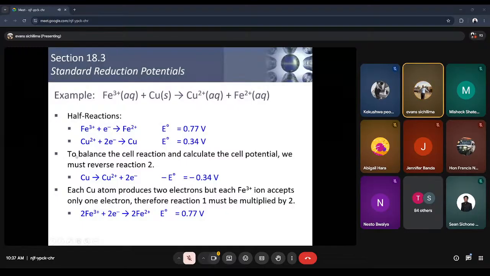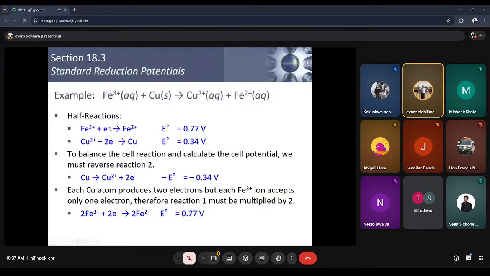Okay, and we quickly have to balance the electrons. So this half reaction, we're going to multiply it. We just don't multiply the electrons, okay? Because it is this which is gaining electrons.